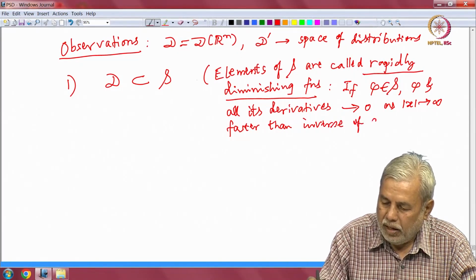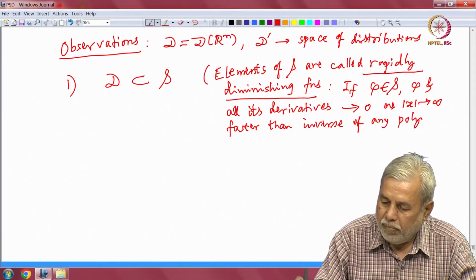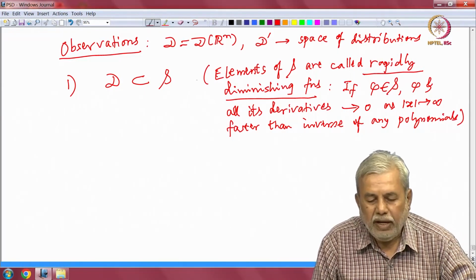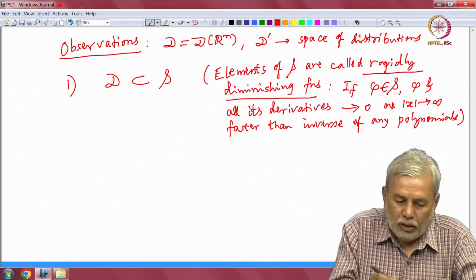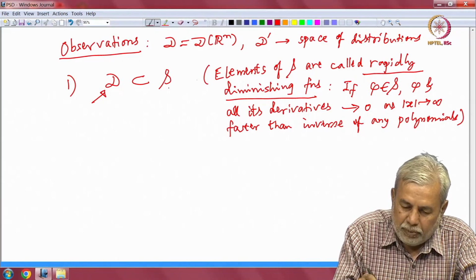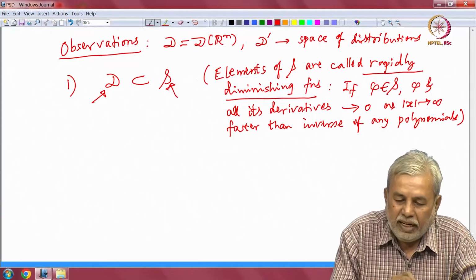Just look at the definition and you will see that. We will make use of this again and again. Note that the topology on D is not a metric topology, whereas on S it is a metric topology. So the topologies are different on D and S.